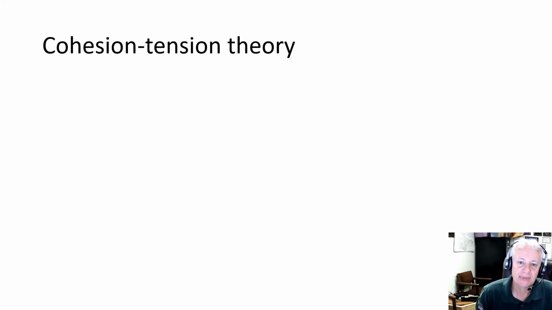And in the early 20th century, cohesion tension sort of arose as the leading theory or hypothesis. And I think has settled into the role of theory, where there's a lot of data supporting this mechanism.